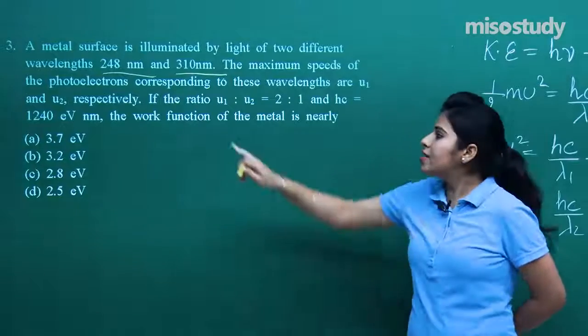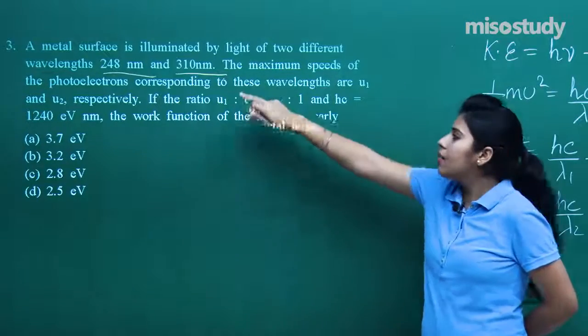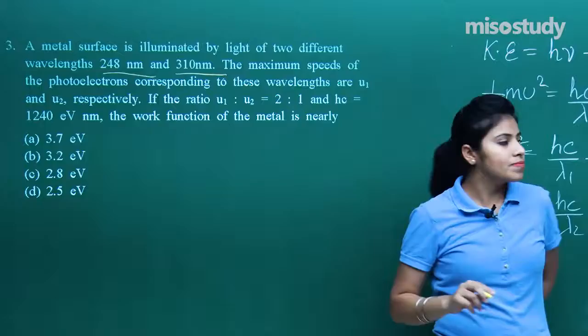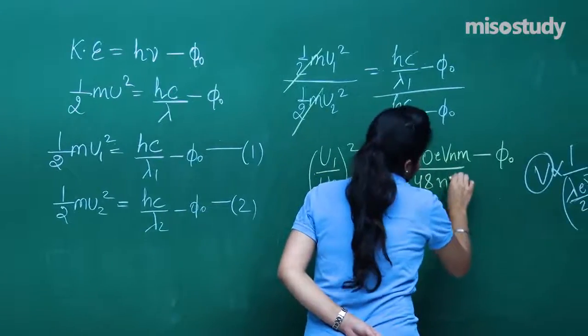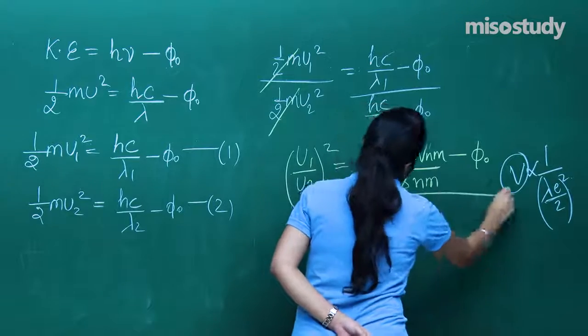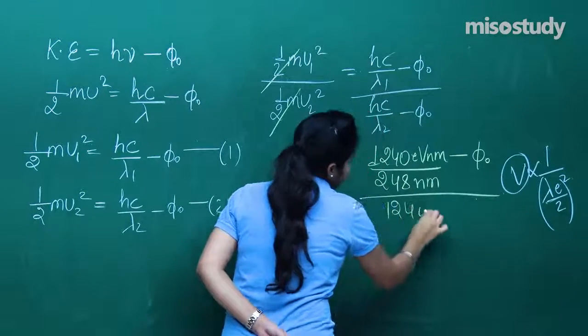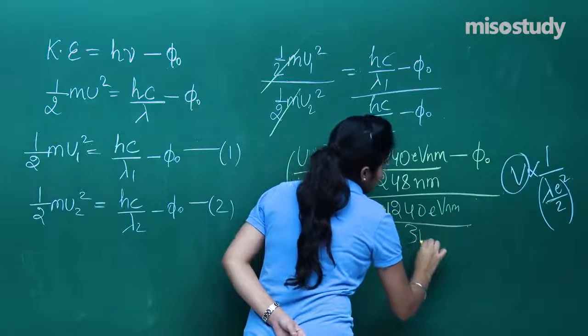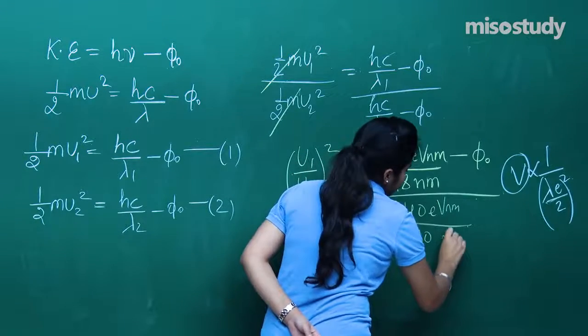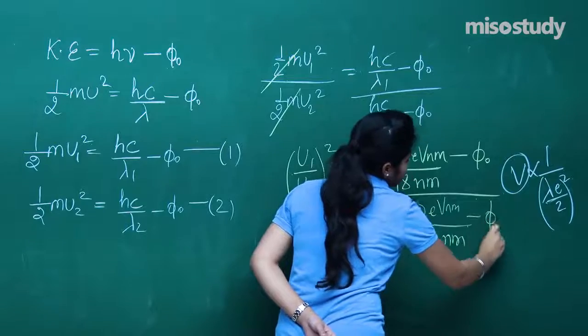So let me write lambda 1 as 248, lambda 2 as 310, divided by 1240 electron volt nanometer divided by 310 nanometer minus phi naught.